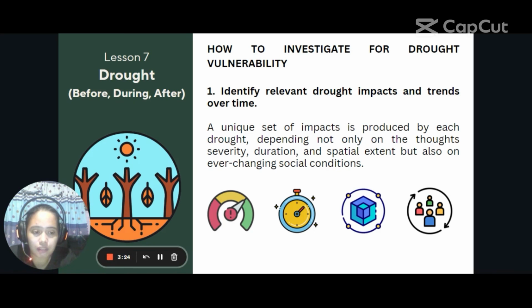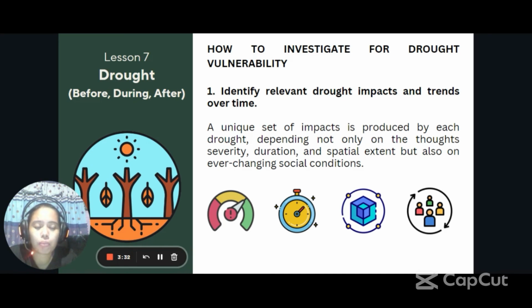So, investigating the effects of drought should be a good place to start in order to comprehend its vulnerability.